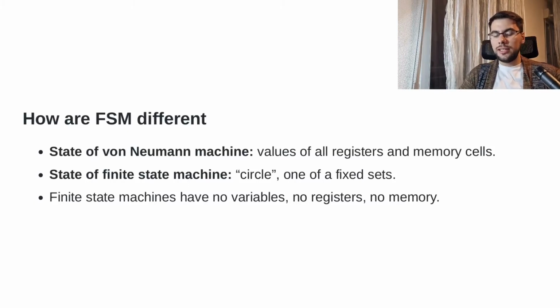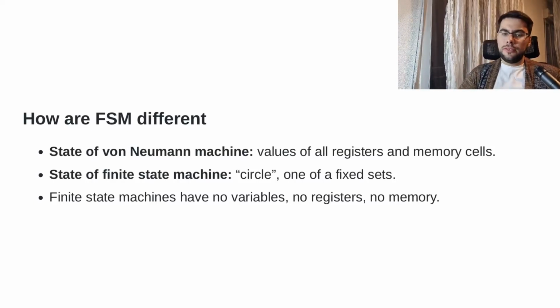First, the state of a computer for an assembly language programmer is fully characterized by values of its registers and memory. The state of the finite state machine, however, is opaque. We only know about the current state, that it's like this circle or that circle. It's one of a fixed set and we don't know what's inside.